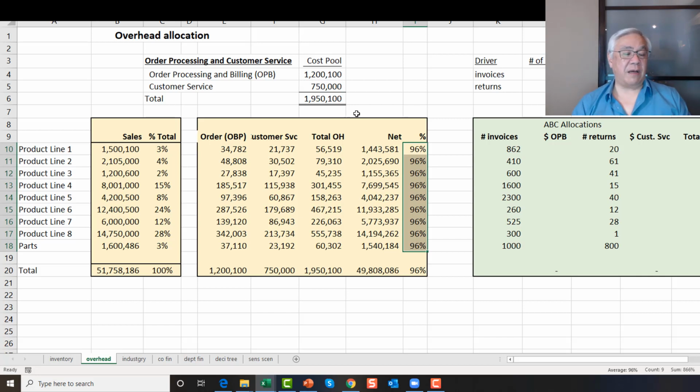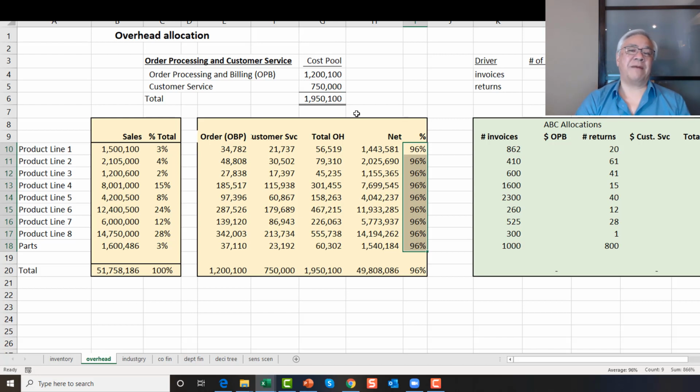Let's say on the other side, we have a big product line number 6, and they're saying, whoa, wait a minute. The reason I'm big is I have very few, very large orders from very few customers. And because of that, I don't take nearly as much of the resources that comprise my percent. I have 25% of sales are my product, but I don't have 25% of the orders.